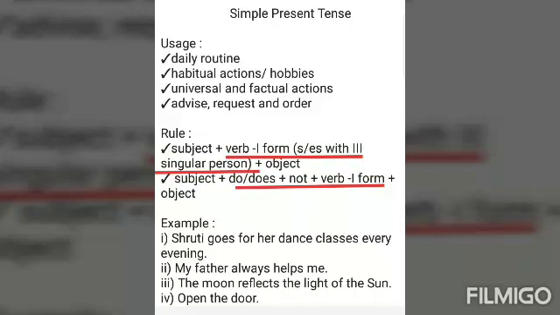The verb is in verb first form, and mostly there is use of third singular person, so with verb first form we have used S or ES. With the uses as well as the rule we can identify simple present tense.